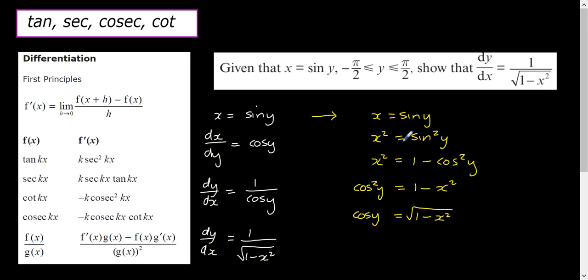And the reason for that is because when we rearrange sine squared plus cos squared as 1, we invariably end up with, for example, cos squared y equals 1 minus sine squared y, okay? And sine squared y is our x squared. And then to get rid of the squared, we just square root everything. So whenever I see root 1 minus x squared in a differentiation question, I'm thinking sine squared plus cos squared is 1. How can I use it? And this is what that led me to.